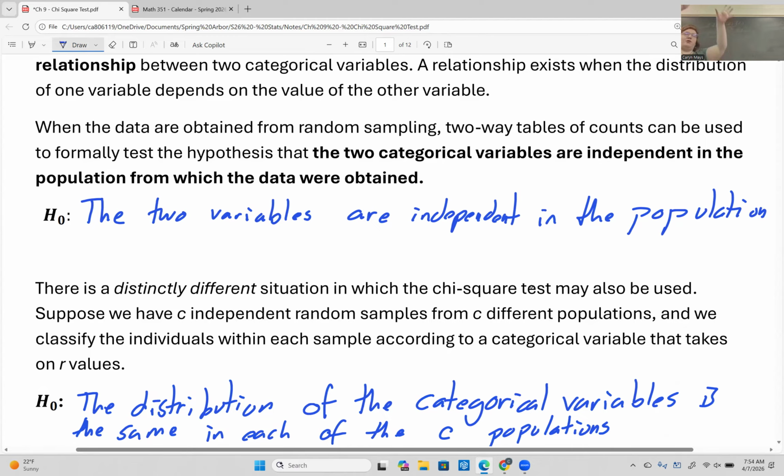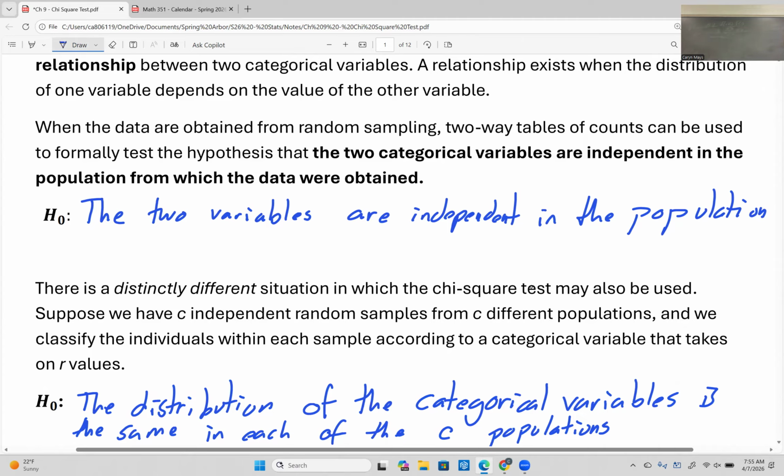If I'm looking at two different columns, say in the Titanic survived versus not survived, the chi-square test would be testing whether or not class actually had anything to do with it on a more formalized level than just looking at numbers and saying, oh, it looks like these numbers say there's an effect.